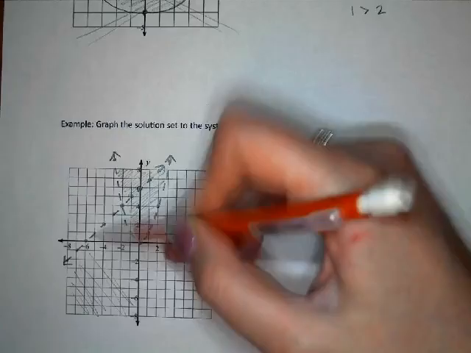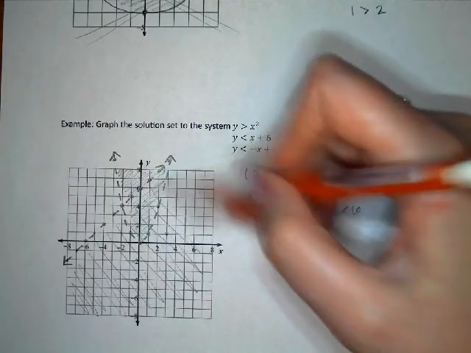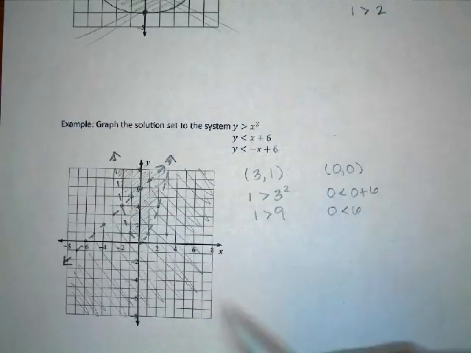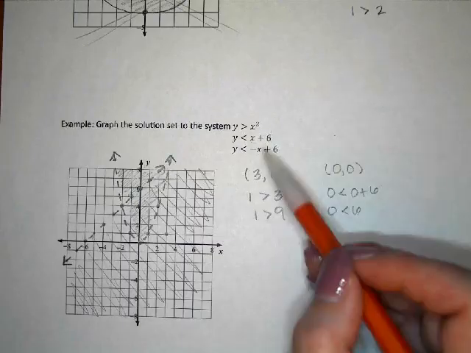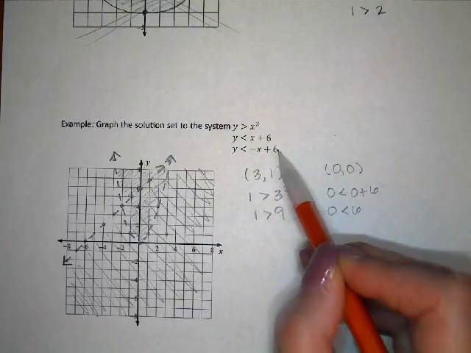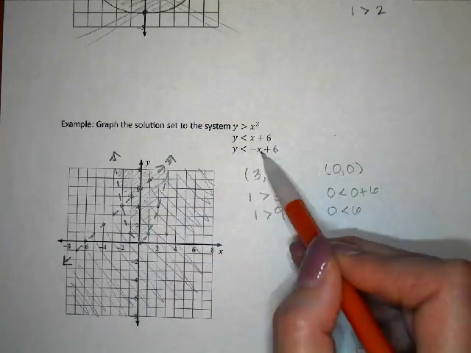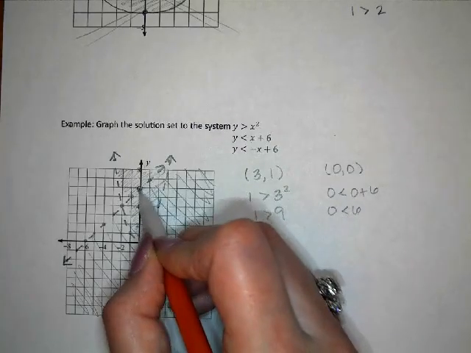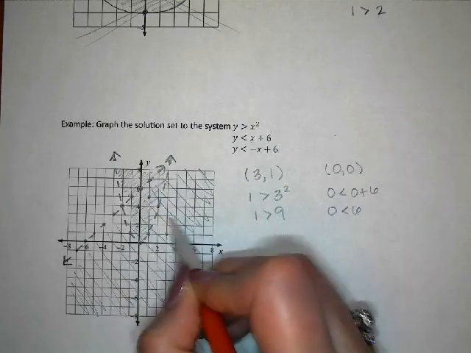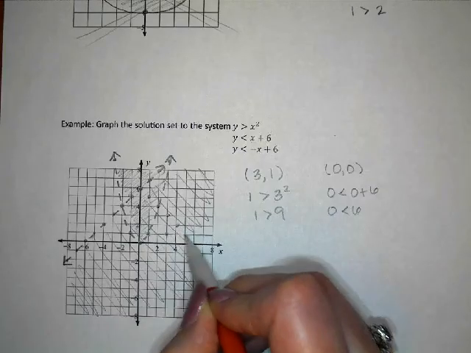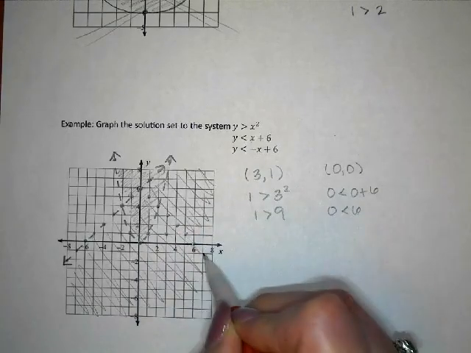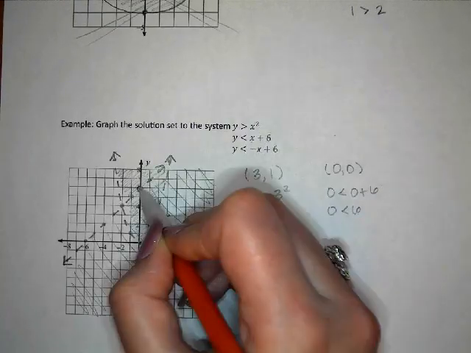And then for the last one, starting my line at a y-intercept of 6 and drawing a negative 1 slope. So down 1 over 1, down 1 over 1. Again, we have a dotted line.